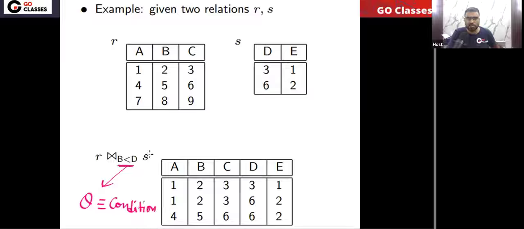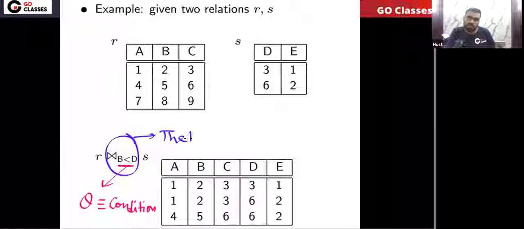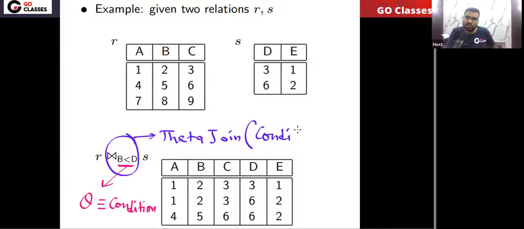So basically, this is your theta join. You can call it theta join, or you can call it conditional join. Both are fine, both are the same. Actually, this is the latest word and this is the old word. In the old times, this word was used. Nowadays this word is used, but both are fine, both are the same.